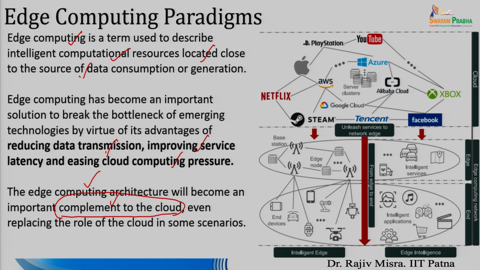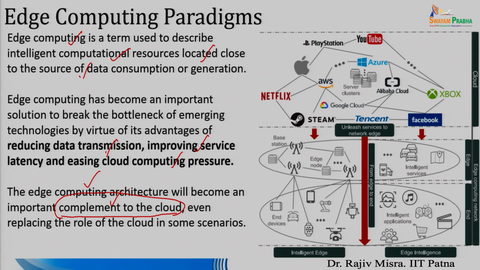The edge makes the cloud truly distributed, and therefore this edge computing will complement the cloud. There are new applications which require this kind of support, called edge computing, and therefore it becomes the complement to the cloud.